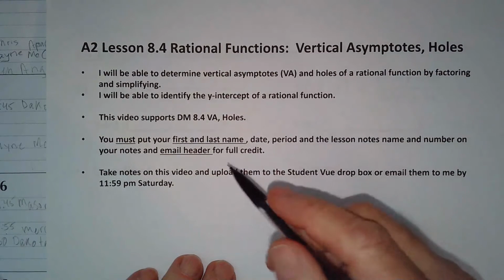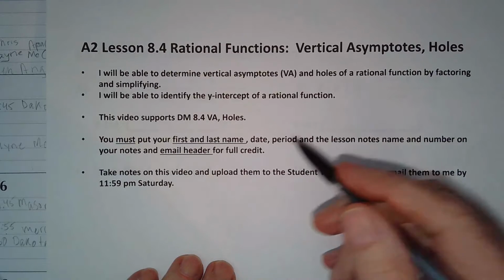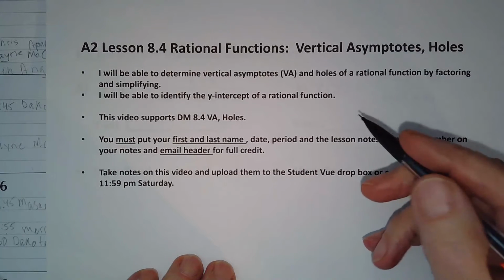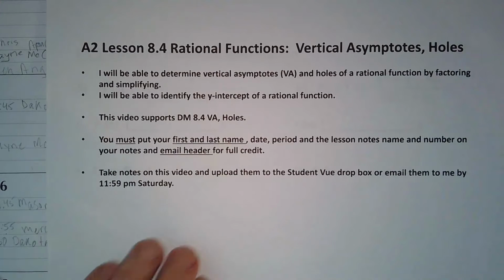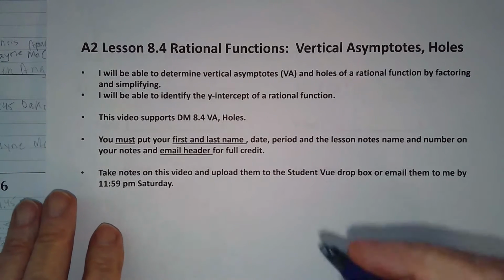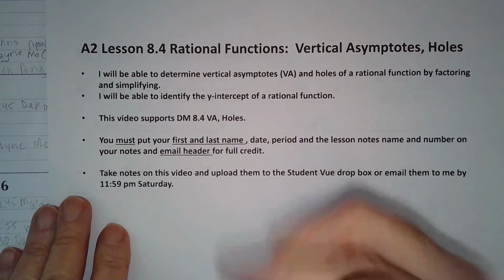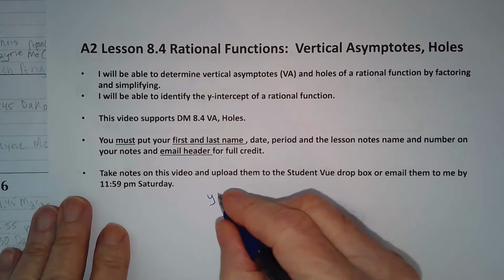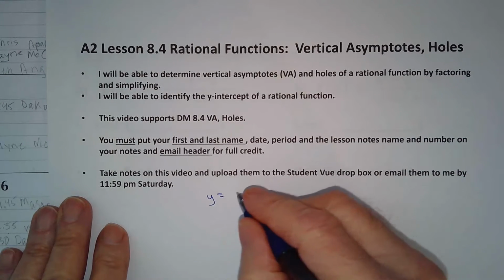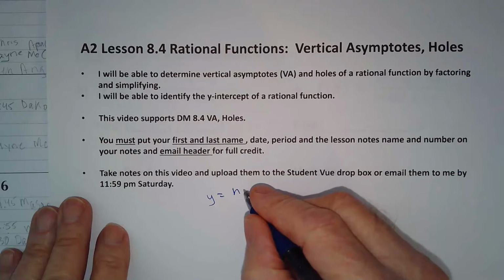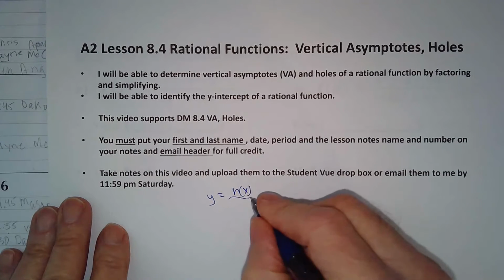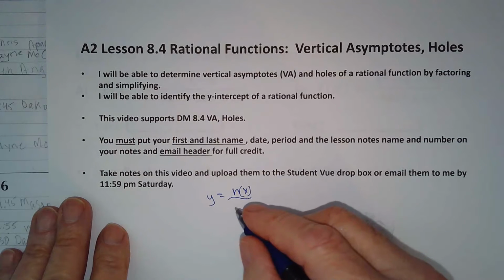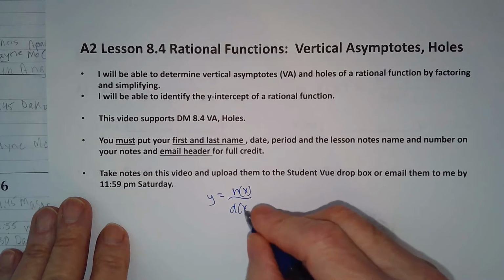And you've been dealing with rational expressions. And rational expressions basically are made from fractions. So, an example of a rational expression would be y equals some numerator with x in it over some denominator, okay?